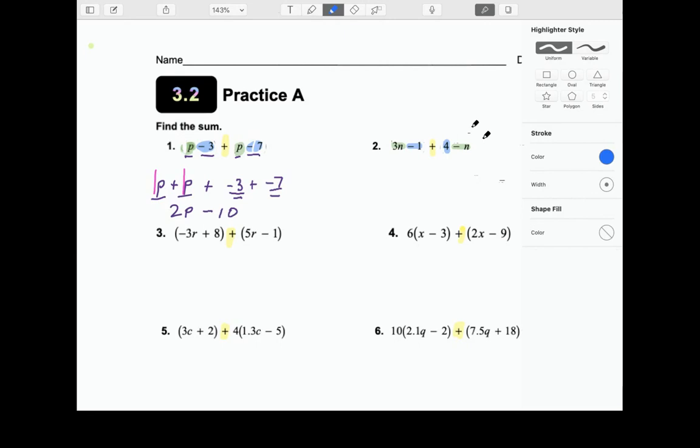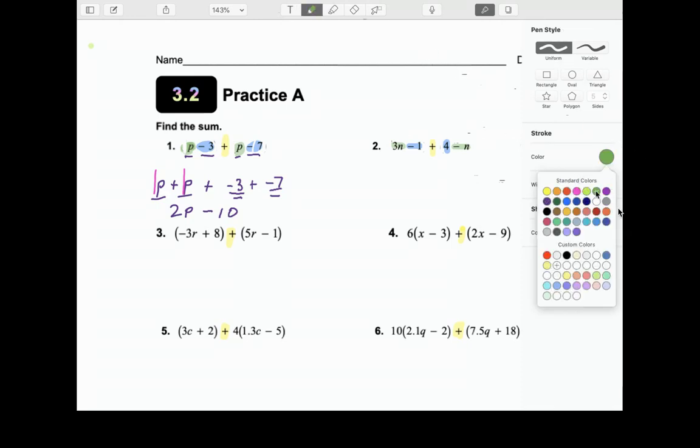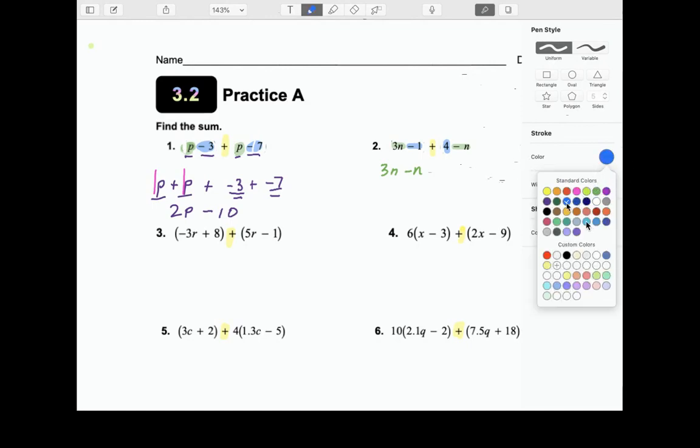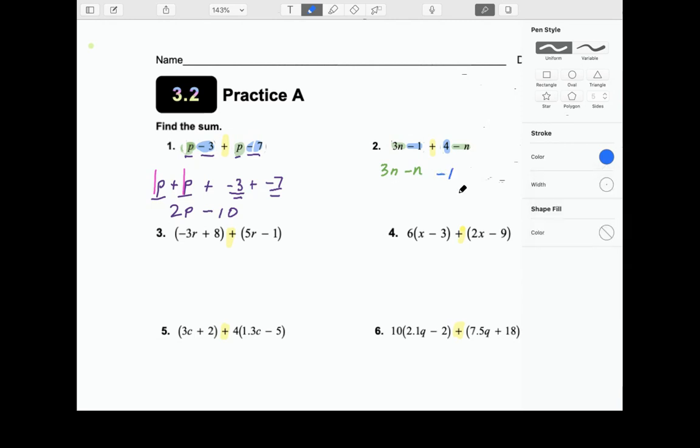So if I go through that step of actually rewriting it so that the like terms are next to each other, I'd have 3n and negative n, and then I would have negative 1 plus 4.